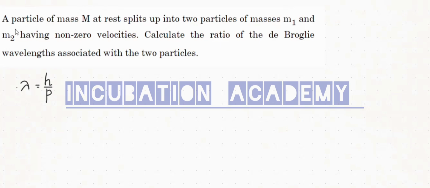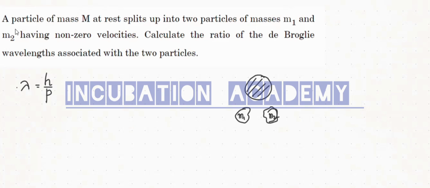Let us say this is the mass capital M, and whatever the reason, we don't know, it splits off into two masses. Let us say this is m1 and this is m2.